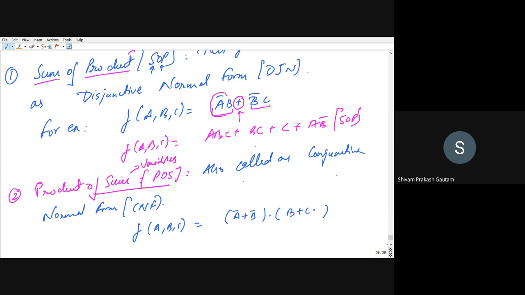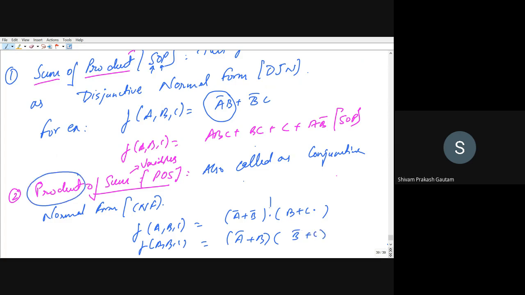Not exactly this, but this kind of function. For the next example, you can take ABC: first you write A bar plus B, product of B bar plus C. So you can see we are having a product of sums of the variables, right? So there are two forms: sum of products and product of sum. We will use these to represent any function, right? So this is a form.